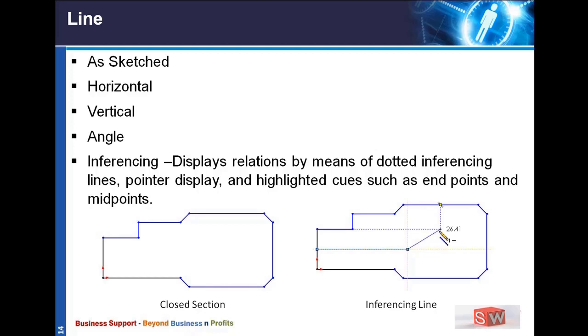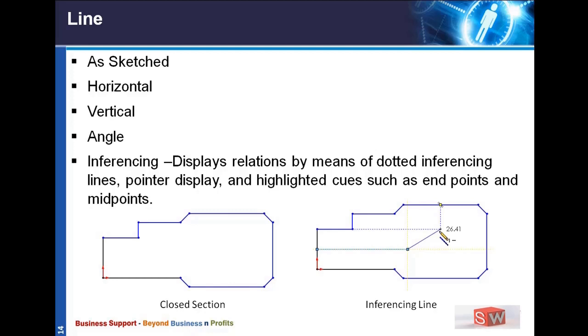Apart from that, when you create a line you will get an inferencing line, which we call tracking. In AutoCAD you call it tracking. The same you can get in SolidWorks. So it means that sketching is more user friendly and easier for creating any type of sketches. It may be easy, it may be complicated.